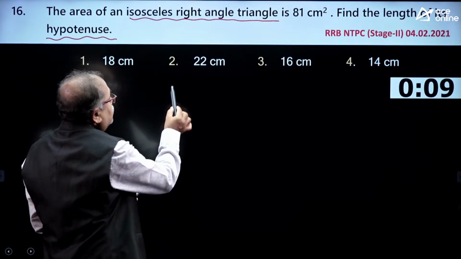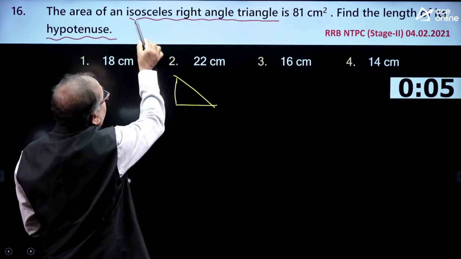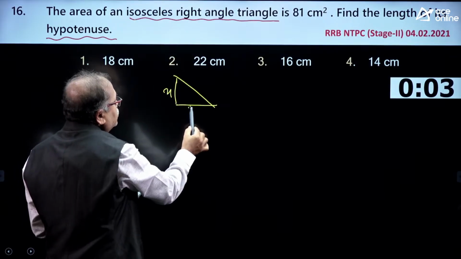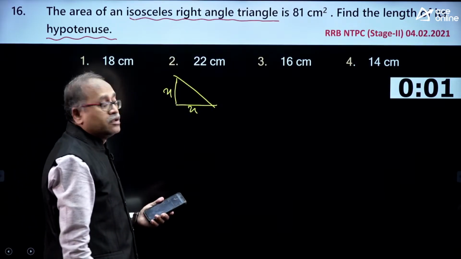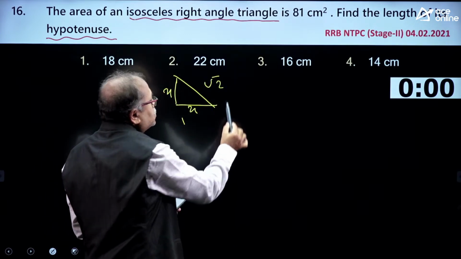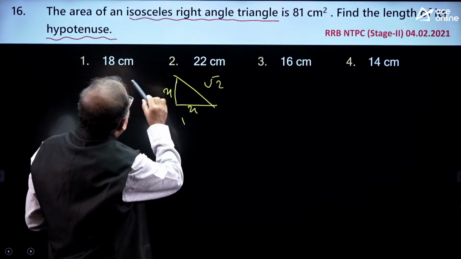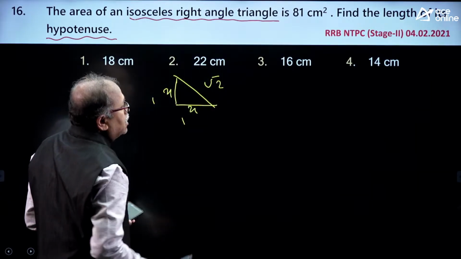Okay. So, right angle here and right angle isosceles triangle. These two sides must be x over here. If this is 1, this is 1, what will be this one? Hypotenuse, that is root 2. Here, already given to us is the area is 81.